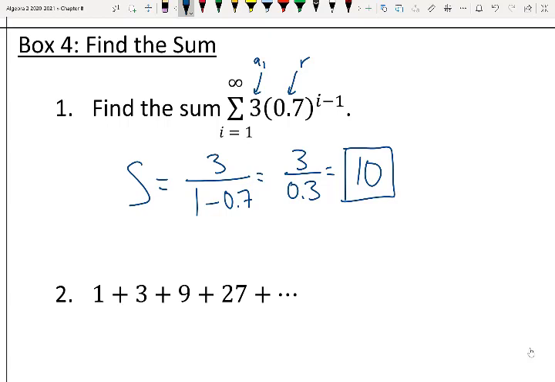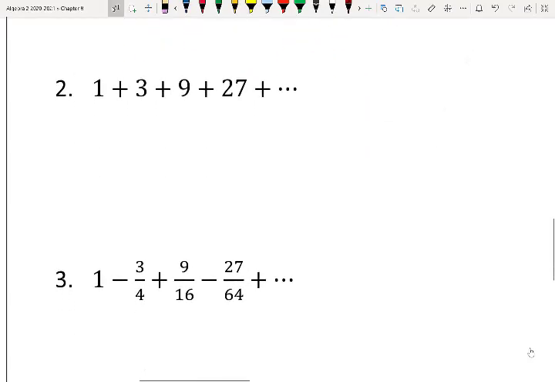Pretty cool. Number two, now this one is not given to us. For 2 and 3, we're both going to have to find what r is before we can actually evaluate. So we see a sub 1 is just 1, which is fine. But going from one term to the next to figure out what my r value is, we can see that we're multiplying by 3 each step of the way.